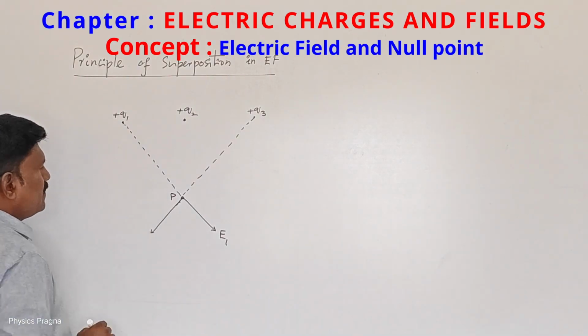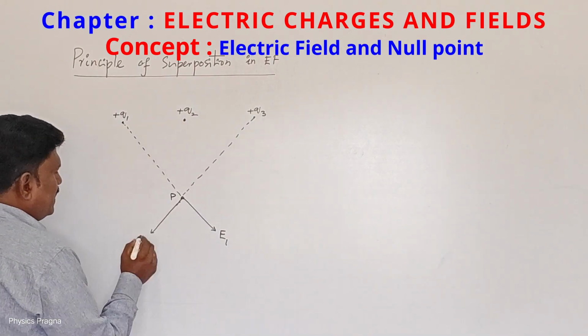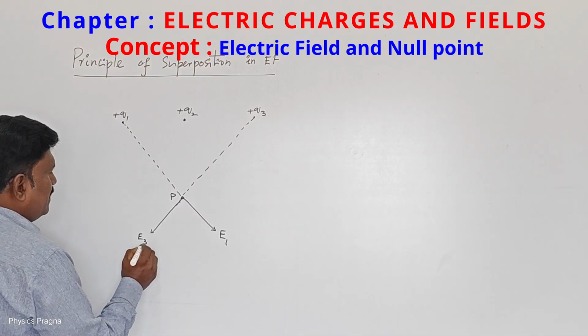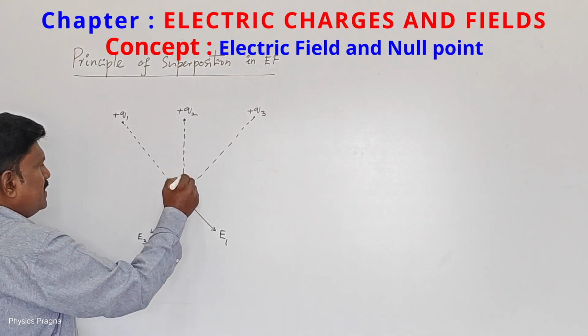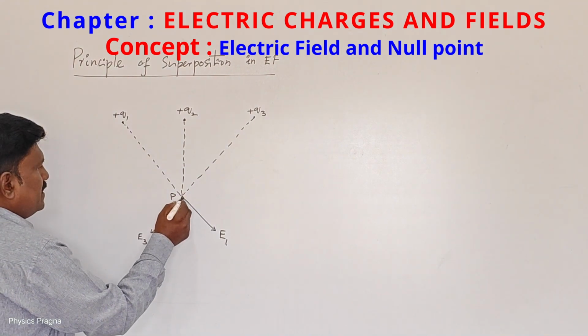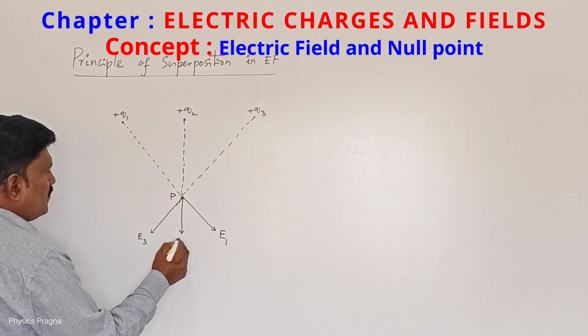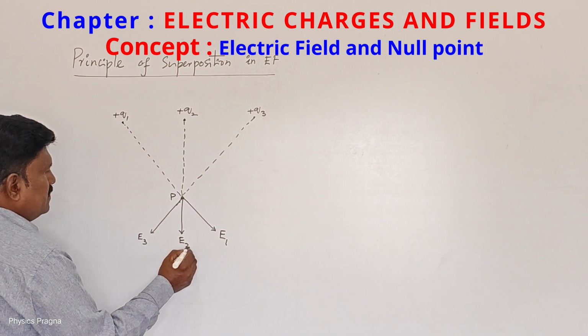So P. This is the electric field due to E3, and this is the line joining these two points, and this is the direction of E2.